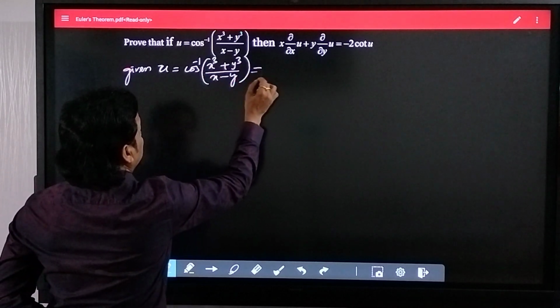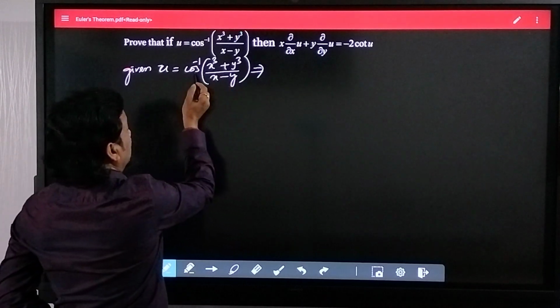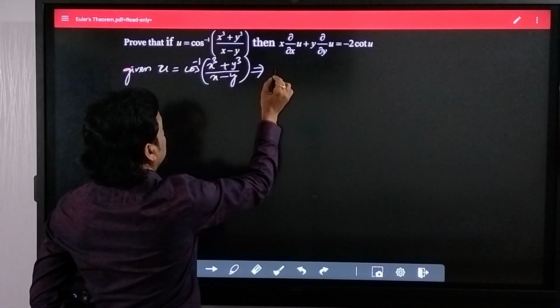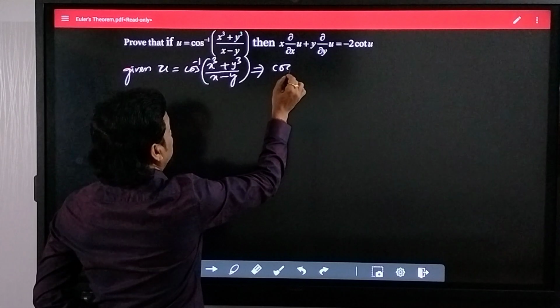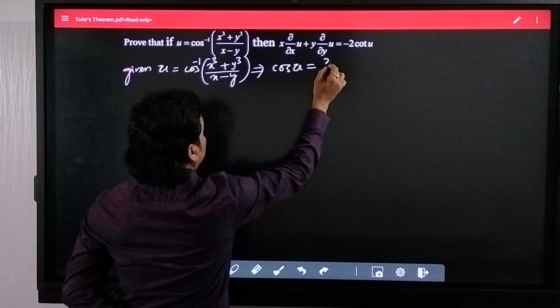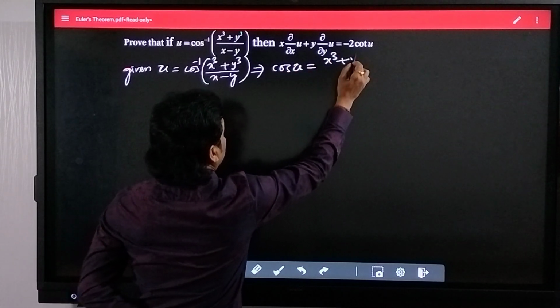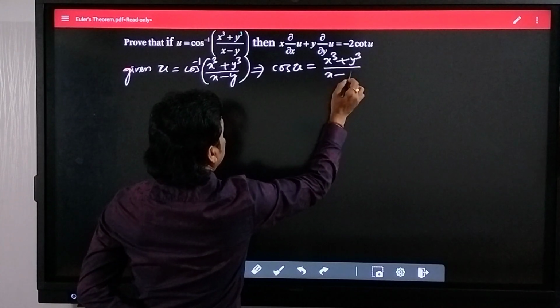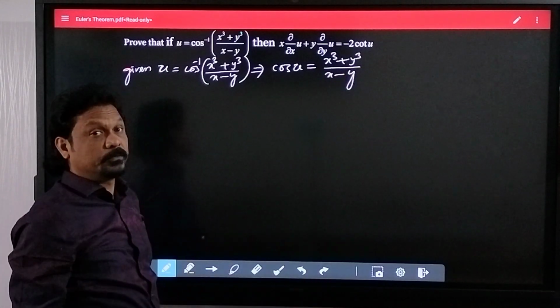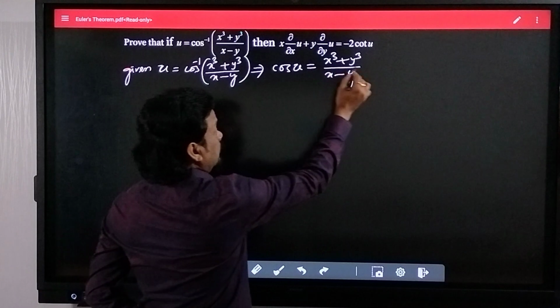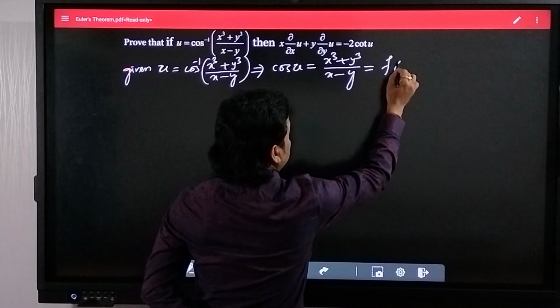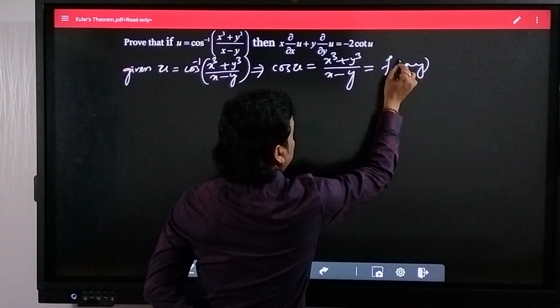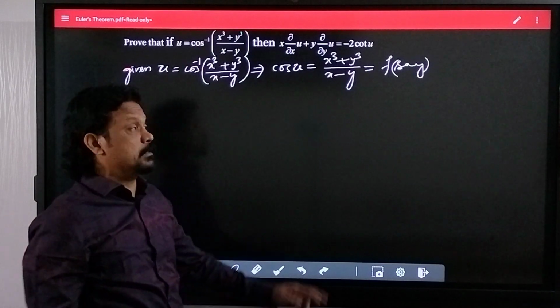Here, it implies cos inverse will go to the left hand side. It becomes cos u is equal to x cube plus y cube divided by x minus y. Is that clear to you? So let it be f, say. Now see here, whether this is a homogeneous function or not, let us see.